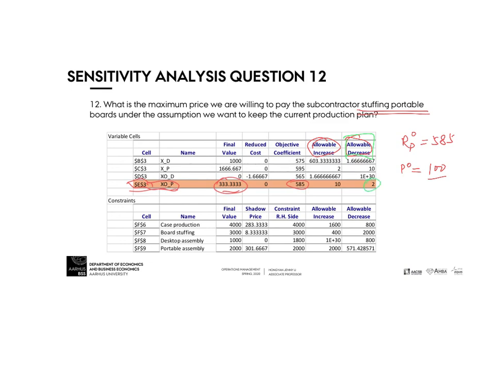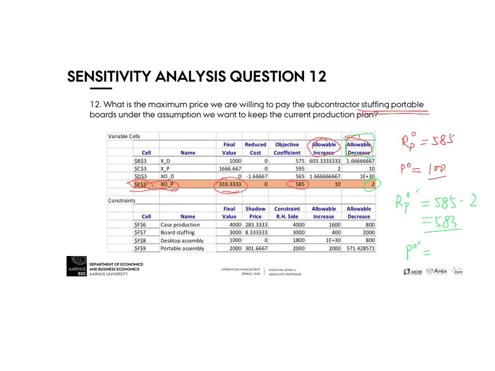The allowable decrease for XOP is 2. That means you could reduce your contribution margin. If you reduce the contribution margin to 583, you still keep the current production plan, but reducing the contribution margin means you pay more to the subcontractor.